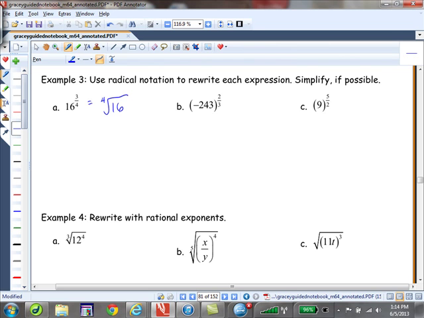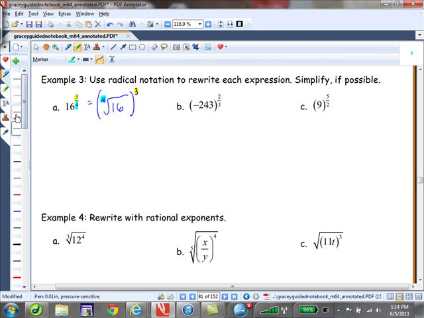Now we have to think about this, okay? Is there a fourth root of 16 that we can evaluate? Yes, there is. So I'm going to write this as the fourth root of 16 raised to the third power. I'm using that one. So again, power over root.